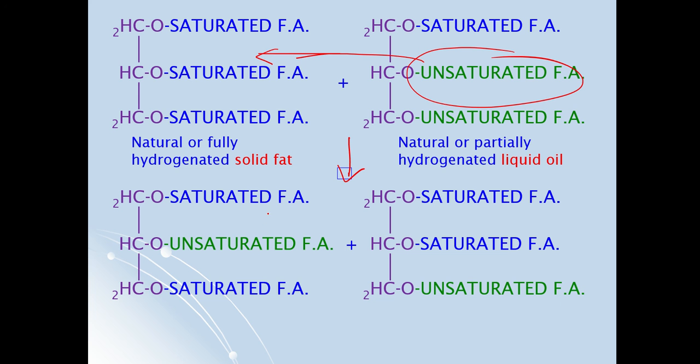And now here I've got a bit more unsaturation, so instead of being really solid, I've reduced the melting point. So it's more liquid, softer. Here, instead of being a liquid, with loads of unsaturation and very weak van der Waals, I've increased the saturation, so I've increased the melting point and turned this into a softish solid.